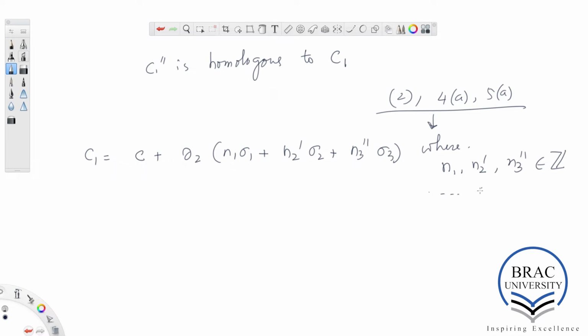This is our equation number 6. And we have seen that if C1 is defined this way, then the value of C1 is going to be 0 on all these three simplices, E1, E2 and E3.